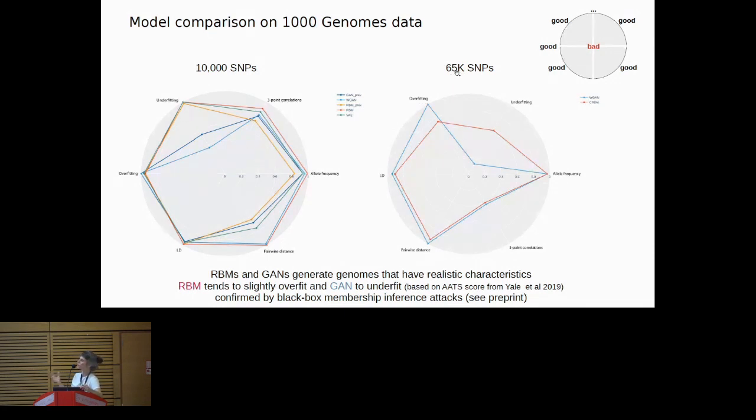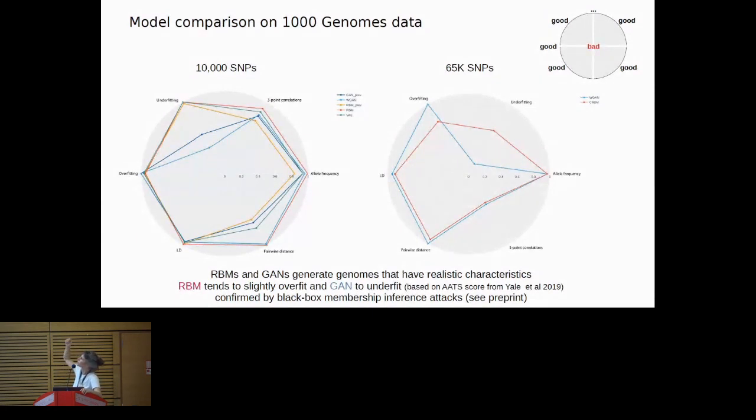In terms of many summary statistics, and also in terms of overfitting and underfitting, using a score that is very interesting from this paper if you want to look at it, and that is based on distances between samples, and basically you want the generated and real distribution to be mingled correctly, and also perform some black box membership inference at that.